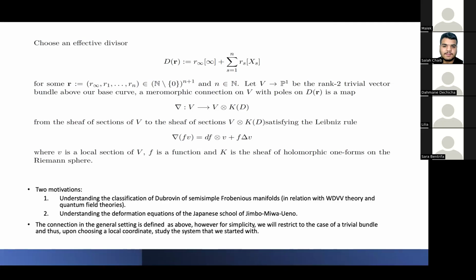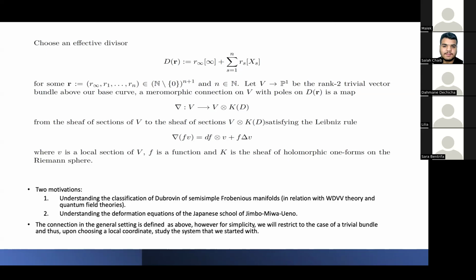And I will fix a connection to be seen as just an operator that acts on V with the poles bounded by the divisor, which takes values in V twisted by the sheaf of sections, literally V times K(D). Okay, satisfying, very necessarily, the Leibniz rule.